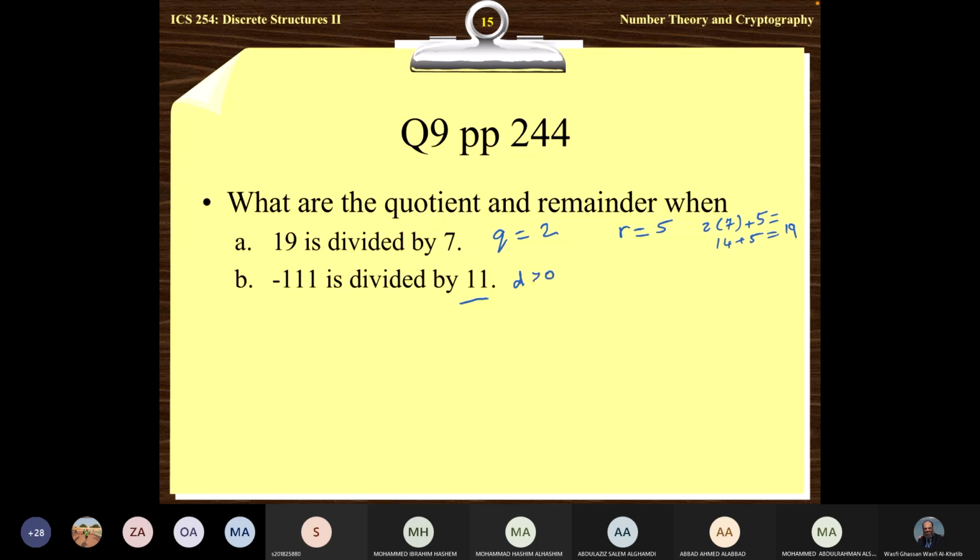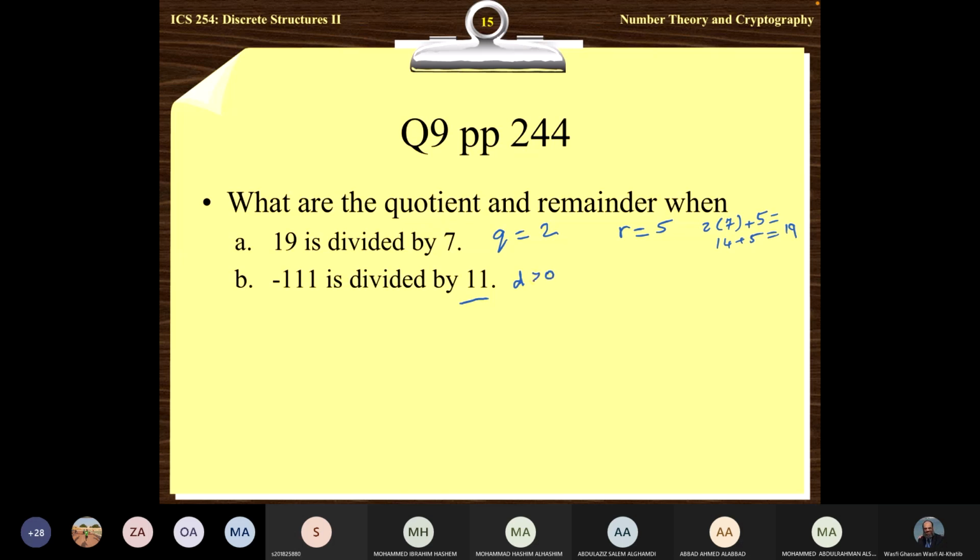Someone could divide 111 by negative 11, but that will not be considered part of modular arithmetic. Of course, I can divide by a negative number.